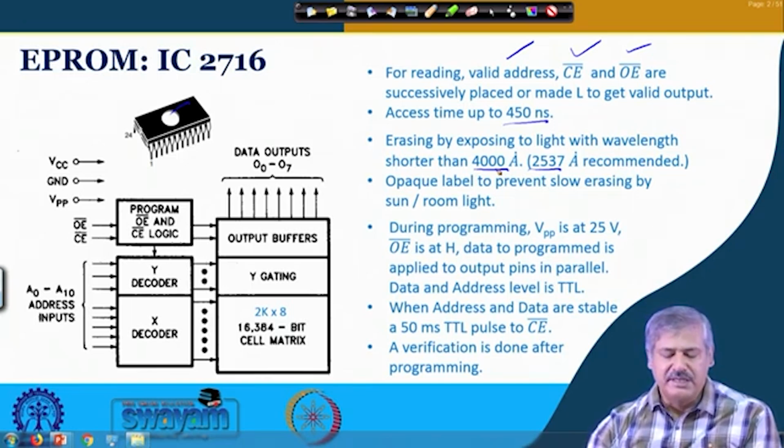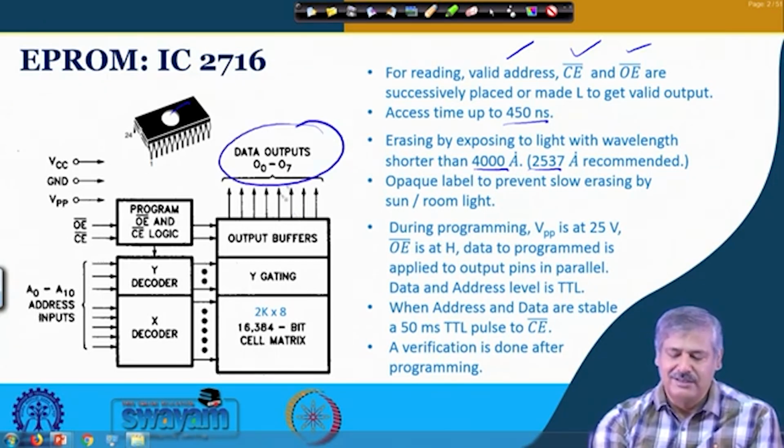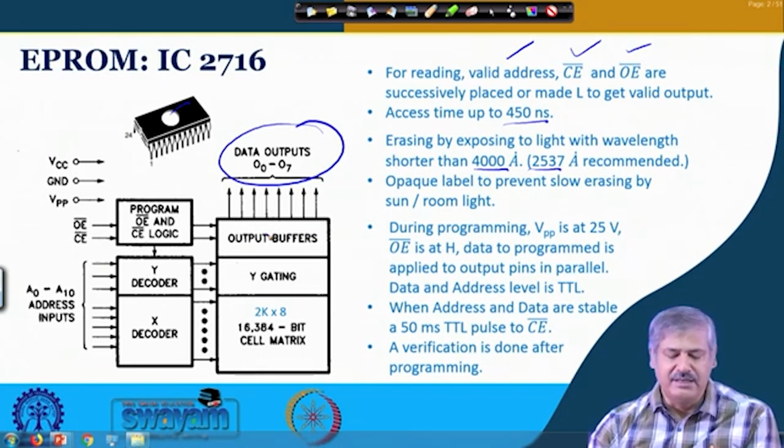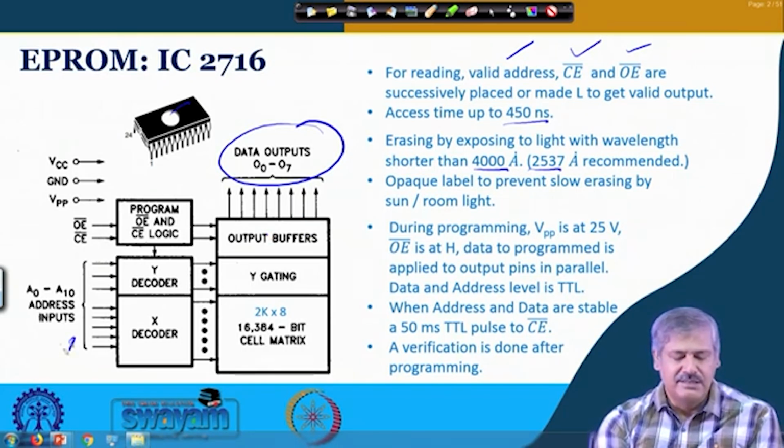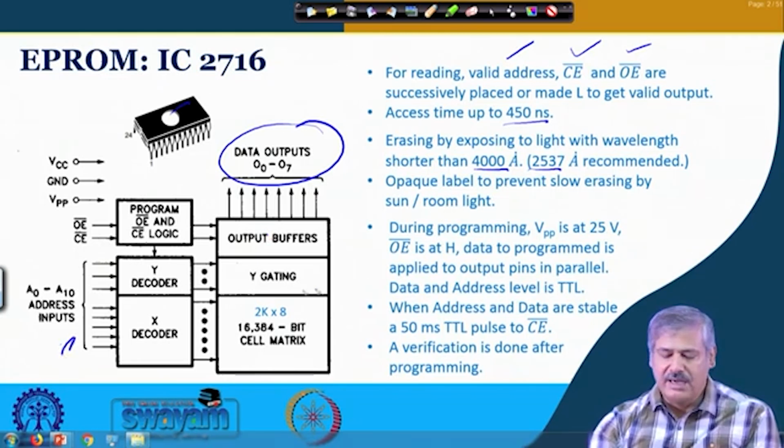And for writing, of course, there is no separate data input. So, on these data outputs, the data is placed for writing at TTL level, and these are the addresses. At that time a programming pulse of 25 volt is used. The output enable is at high, and data to be programmed is applied at the output pins in parallel over here.